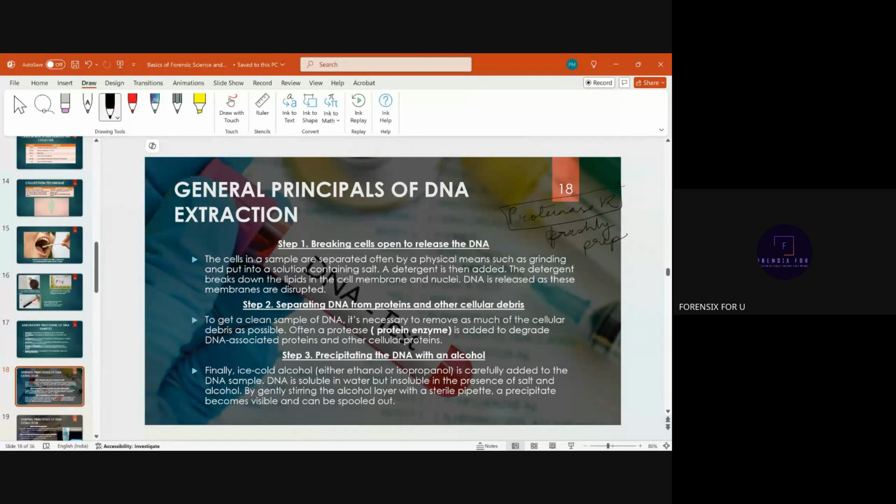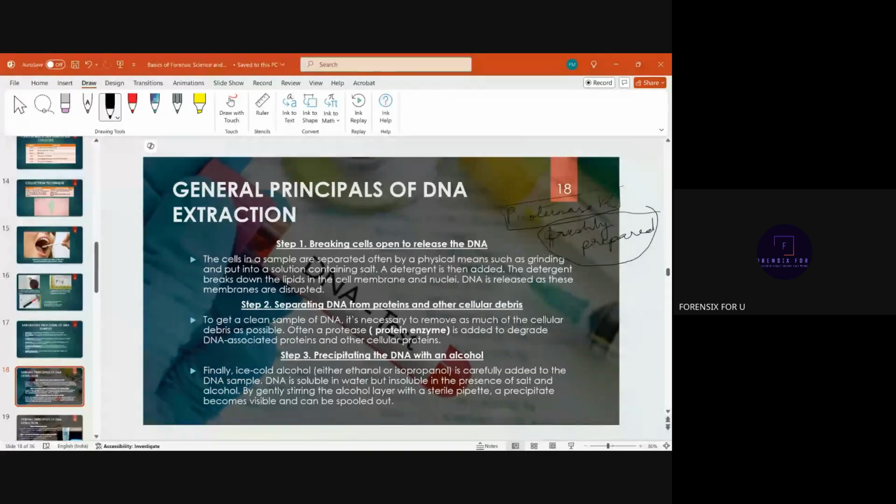You cannot prepare it and keep it in the fridge and then use it whenever you want to extract the DNA. It should always be freshly prepared immediately before the extraction procedure needs to be undertaken. Clear?